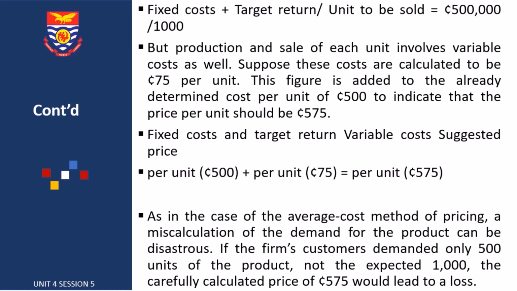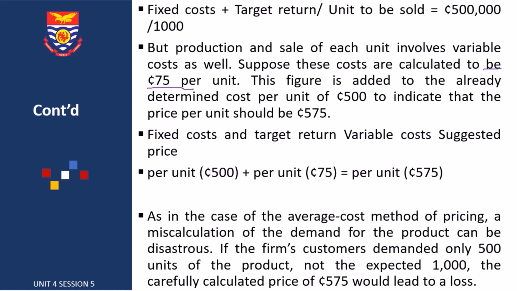Suppose these costs are calculated to be 75 per unit. The figure is added to the already determined cost per unit. So with this, the fixed cost plus the target return all over the units to be sold becomes 500,000 over 1,000.